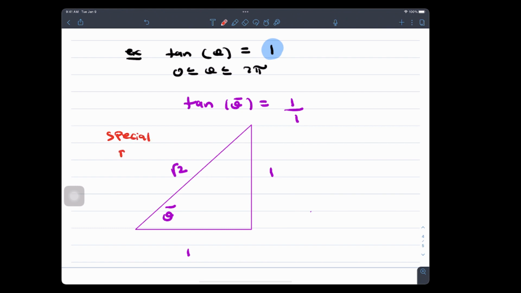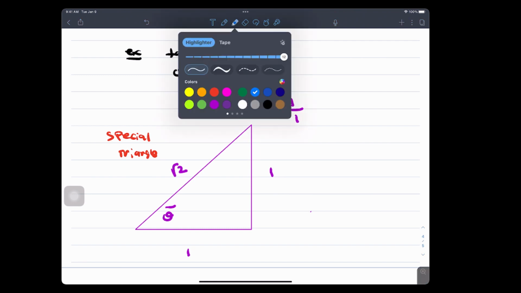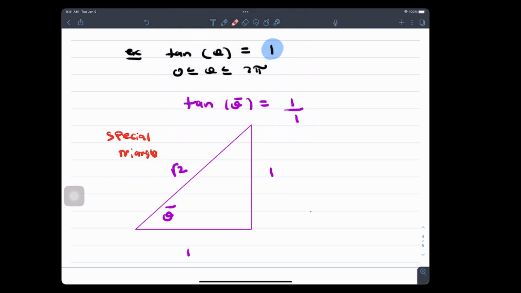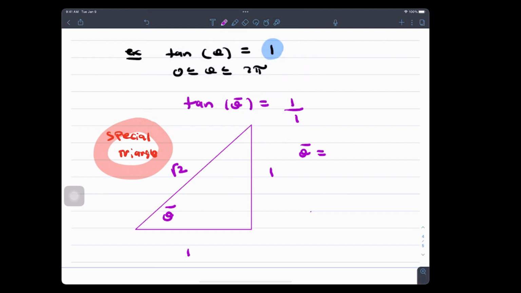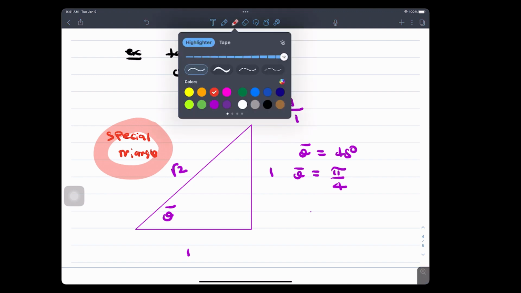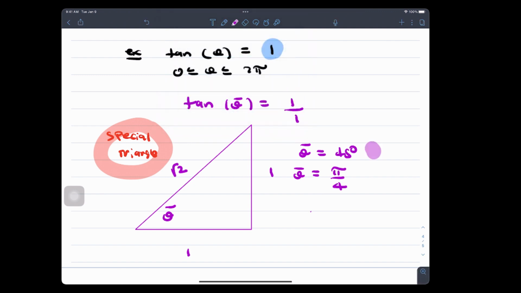Yeah. So you have another special triangle, ladies and gentlemen. There's a special triangle here. What's that triangle going to be? Isn't this the 45 degree triangle, special triangle? 45, 45, 90? Isn't that pi over 4? Okay. Pi over 4, you guys with me on that?